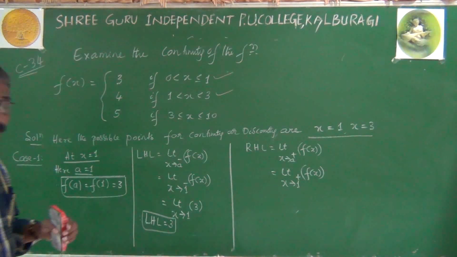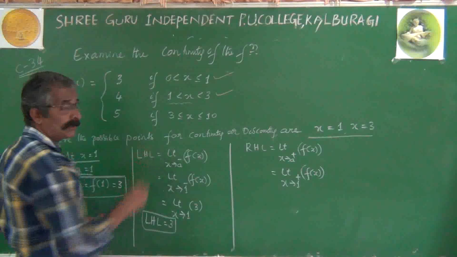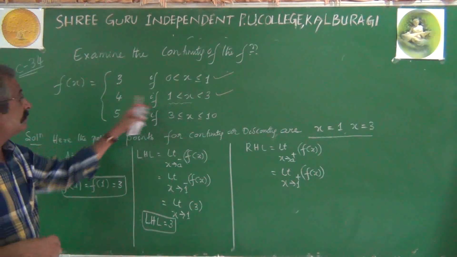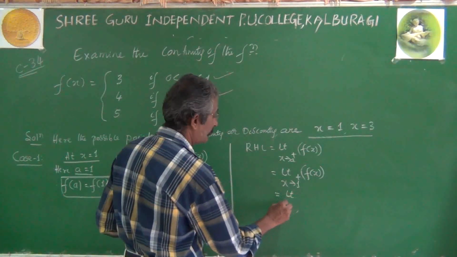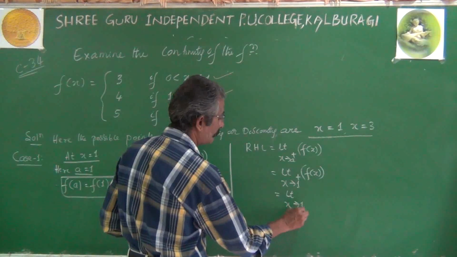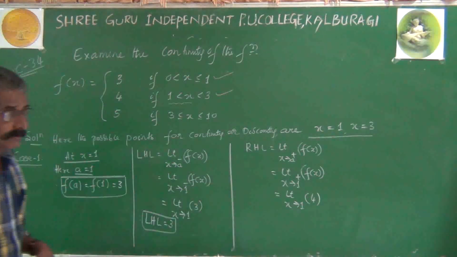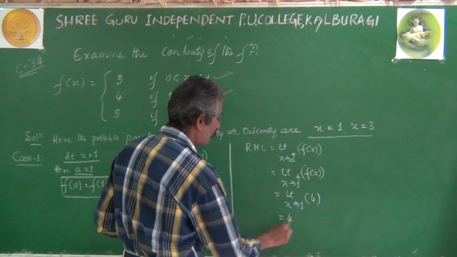What's the meaning of 1 plus? More than 1. Here we have the condition 1 less than x, meaning x more than 1. When x is more than 1, the function value is 4. That is limit x tending to 1 of 4. The limit of a constant is constant, that is equal to 4.